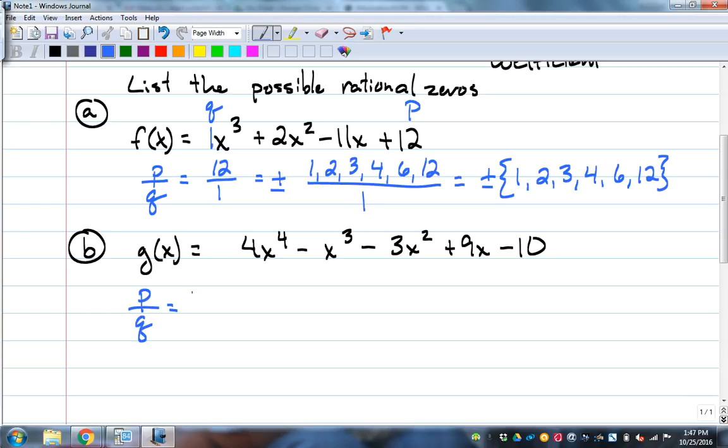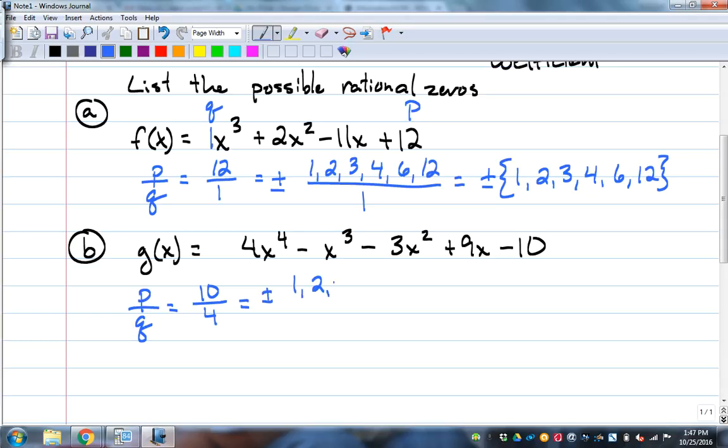What's the P and what's the Q? Yeah, P is 10, Q is 4. It doesn't necessarily matter that it's positive or negative when we're talking about P over Q, because they're going to have that plus or minus in front of everything anyway. So now we think, what are the factors of 10?